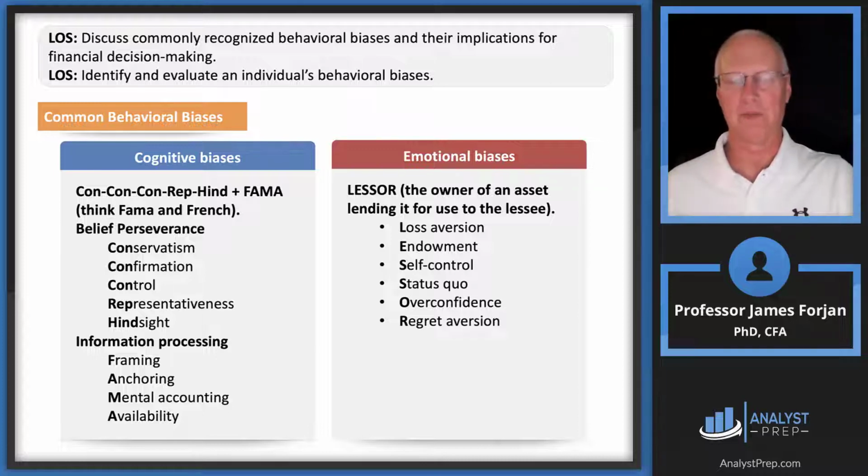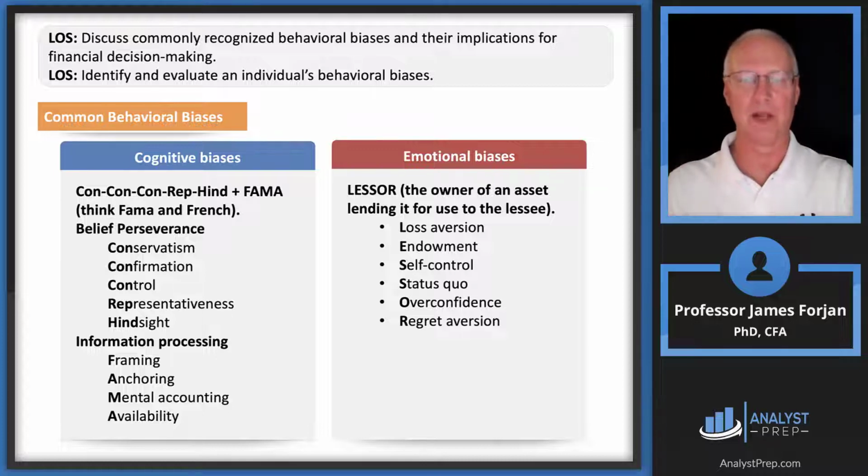So remember, belief perseverance, information processing. Over here under emotional biases, you can do lesser, and that gives you the beginning of each one of these. And so the Institute, as you'll see in these next slides, covers these particular cognitive errors and emotional biases. And so now you know which ones these are.